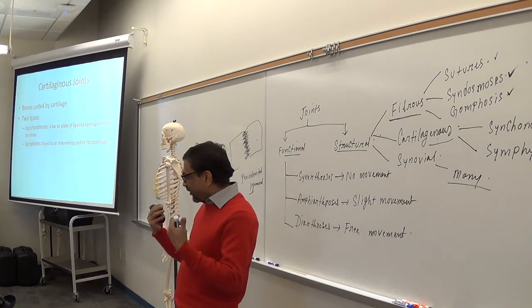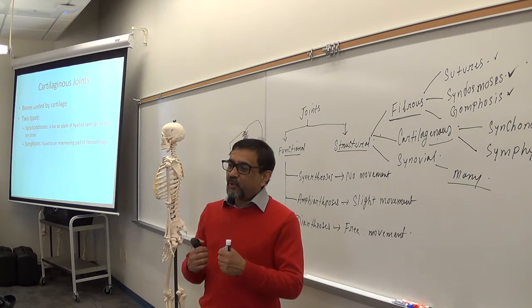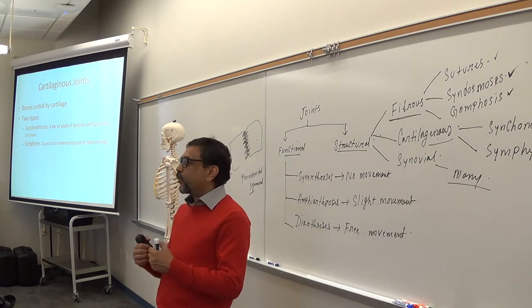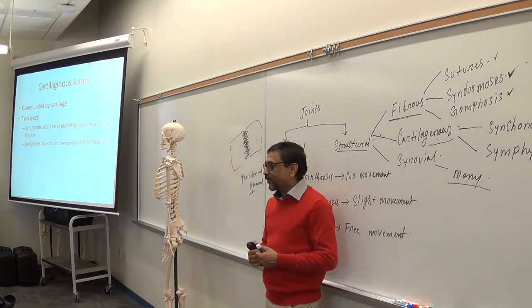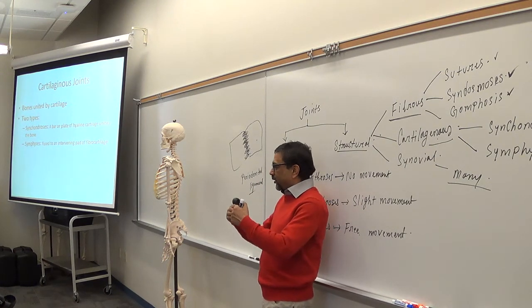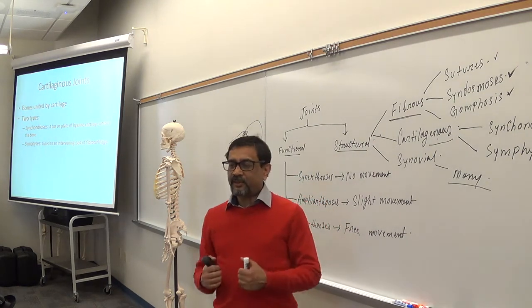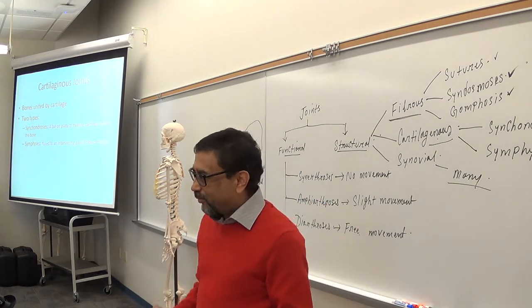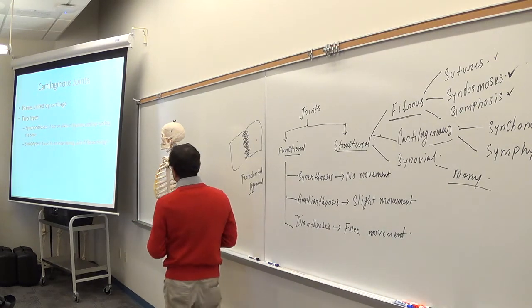What kind of cartilage? Hyaline. In symphysis, the bones are attached by fibrocartilage. So that is the difference. Is it clear? So in synchondrosis, bones are attached by hyaline cartilage, and in case of symphysis, by what? Fibrocartilage. Make sense? So pretty simple.